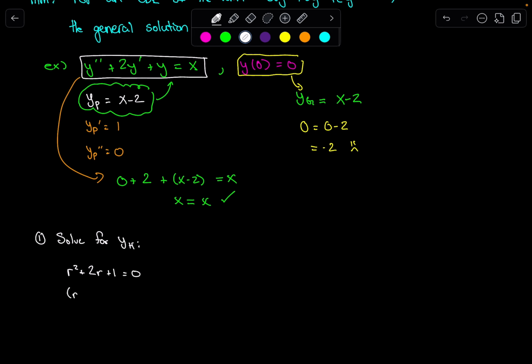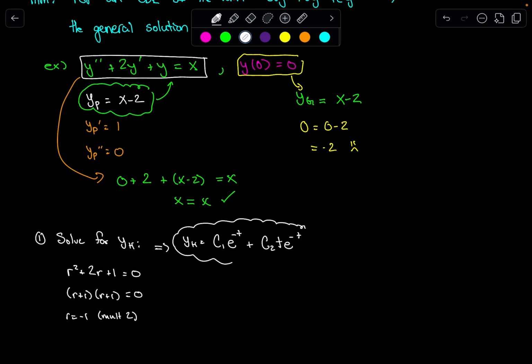We factor this into r plus 1 times r plus 1 is equal to 0. And so we get r is equal to negative 1 with a multiplicity of 2. And so this tells us that the homogeneous solution is equal to c1 e to the negative t plus, now since it's multiplicity, we slap on a t here, t e to the negative t. And this is the homogeneous solution.